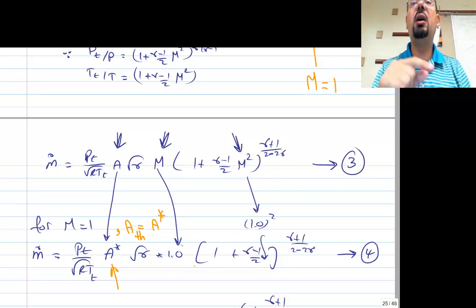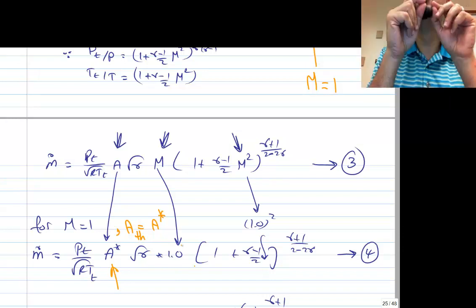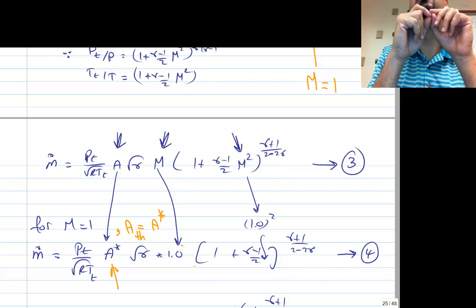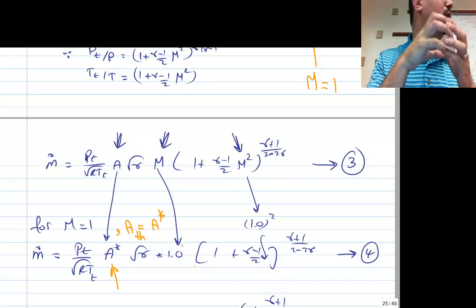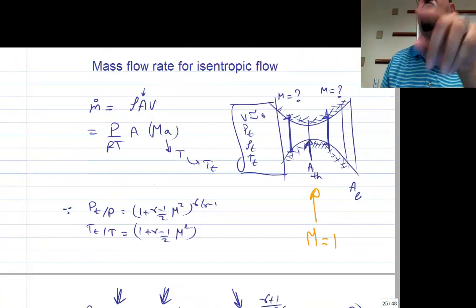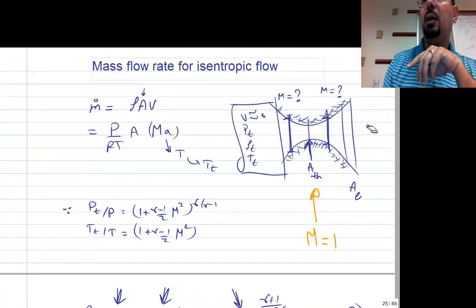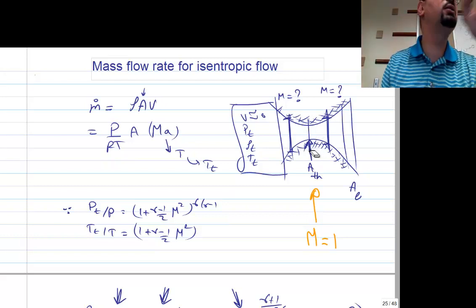So the area star is the area when the Mach number equals 1. Okay? So area star is the throat area when the Mach number equals 1. So if you have supersonic flow at the exit, then the Mach number at the throat is definitely 1, and whatever the 5 centimeter square here is, that's area star.